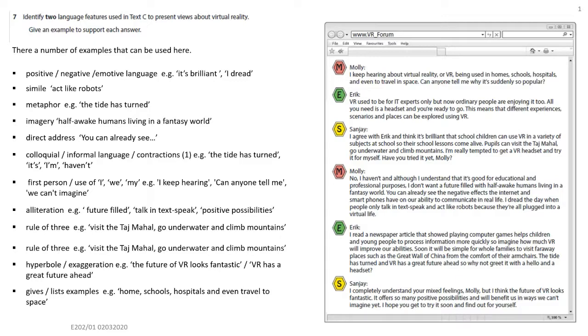Half-awake humans living in a fantasy world, like that one. We're sort of stumbling around looking at our mobile devices or whatever they might be, or VR might be, and we're just dreaming away. Direct address you can already see, so something's actually being put forward there. Colloquial, informal language, contractions: tides, turns, it's, I'm, haven't. Right, colloquial, informal, good examples are get and got.